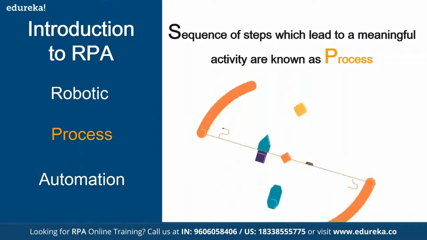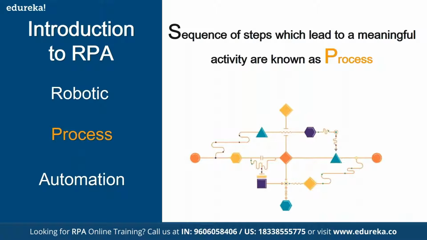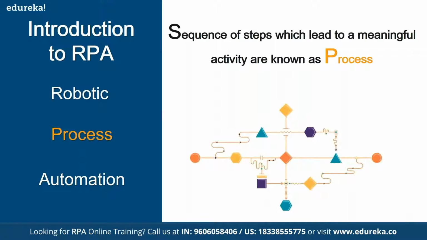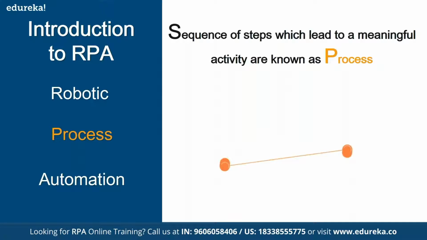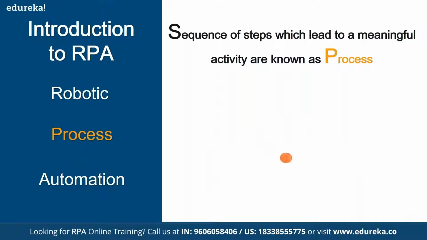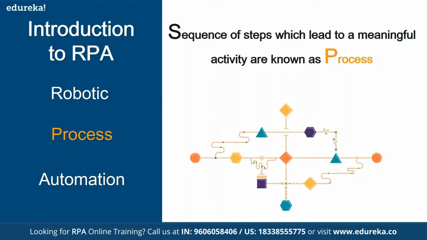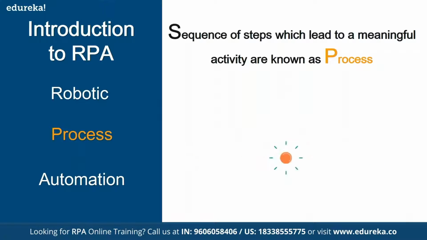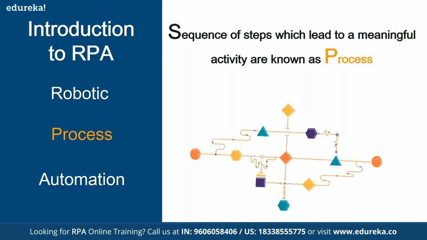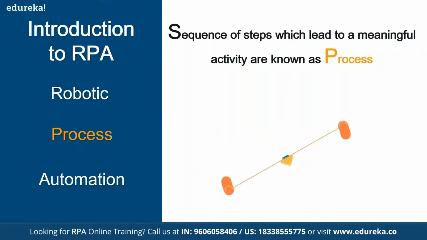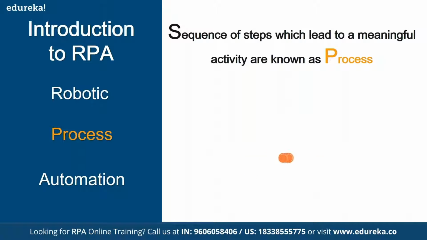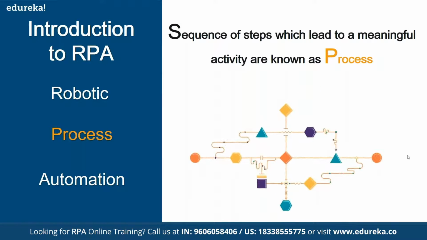And what is a business process? A business process is a sequence of steps that we do to achieve some meaningful task. Every day you go to the office and do work which benefits the organization, and the process that you do on a daily basis is called a business process. That business process which you are doing as an individual can be done by your robot.